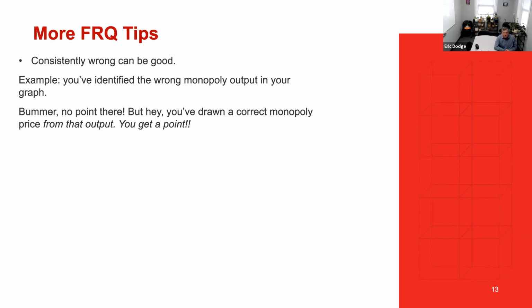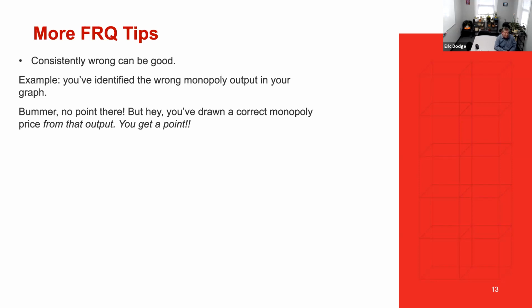Students probably don't know this. These rubrics that we use in grading the FRQs allow for some flexibility. We call them consistency points. And if you're consistently wrong, I know that sounds weird, you can actually earn quite a few points. Here's an example. You're asked to draw the monopoly graph and you put the monopoly output in the wrong place. Okay, you lost your first point, but you're also asked to identify the price.